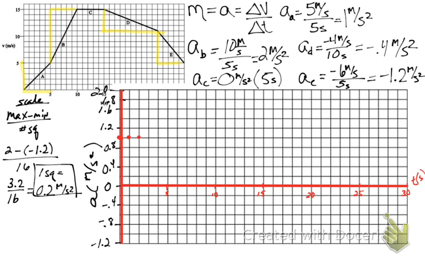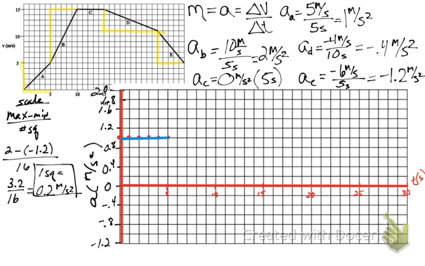At 2, 3, 4, and 5 seconds, it's 1 meter per second squared. So we're going to turn that into something we can use. And then there's our best fit line. You don't have to put the dot in every time. Once you get the idea that this is flat because it's a constant, you're good to go.